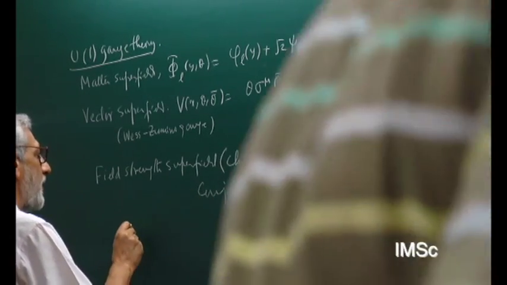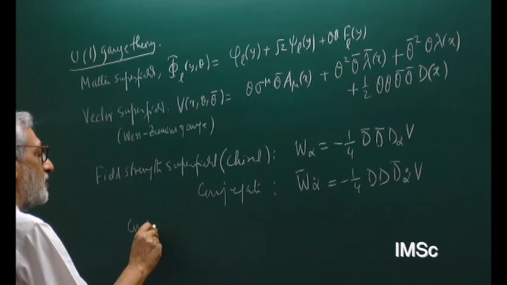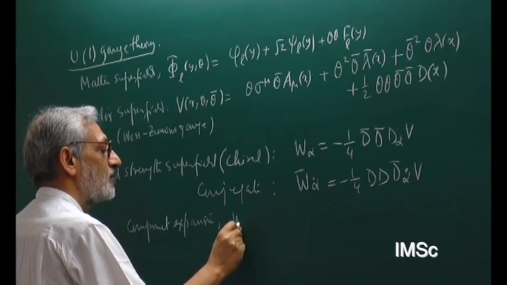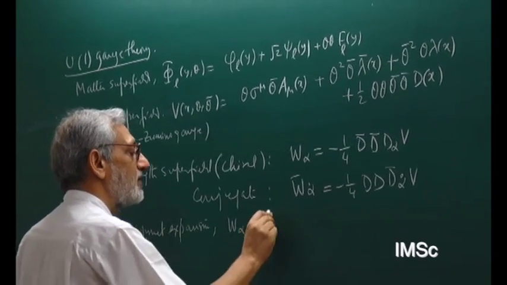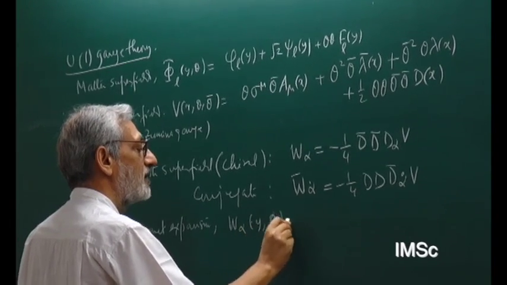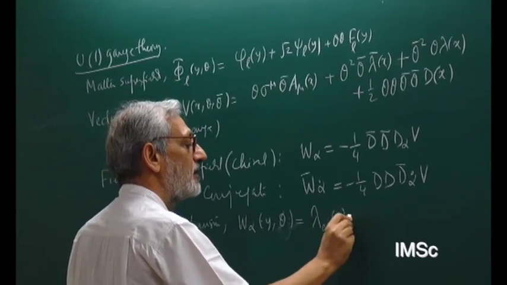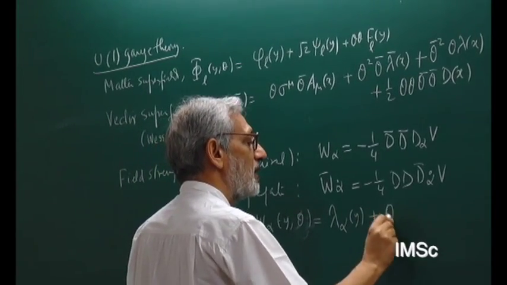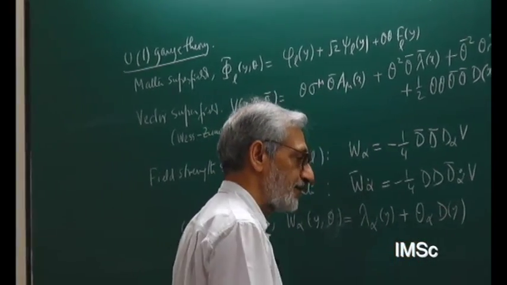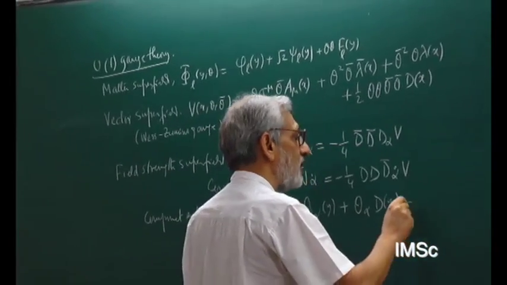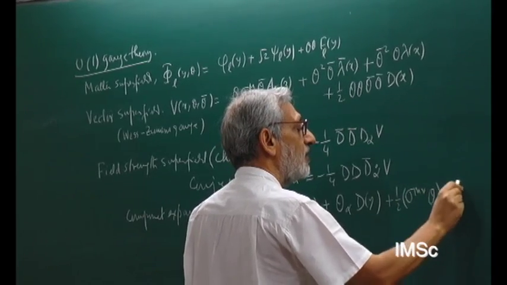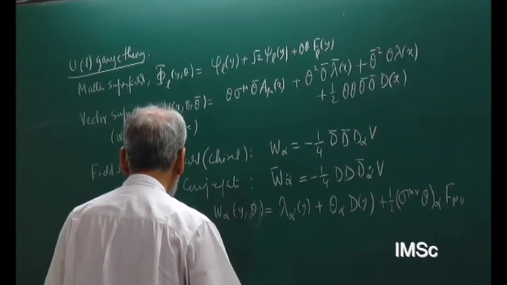And the component expansion of W_alpha: W_alpha is a function of y and theta. First component is lambda_alpha of y. The single theta component is theta_alpha D of y, and there is also a component, one half sigma^mu nu theta_alpha F_mu nu, where F_mu nu is the field strength.